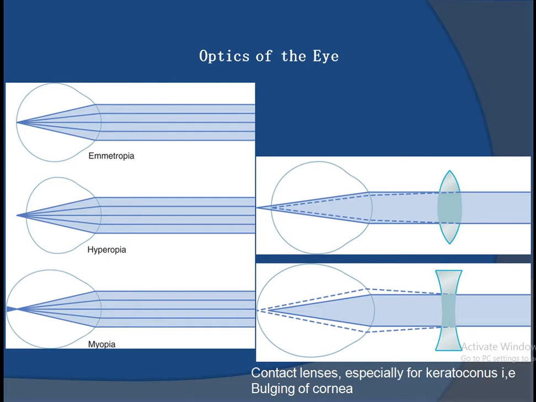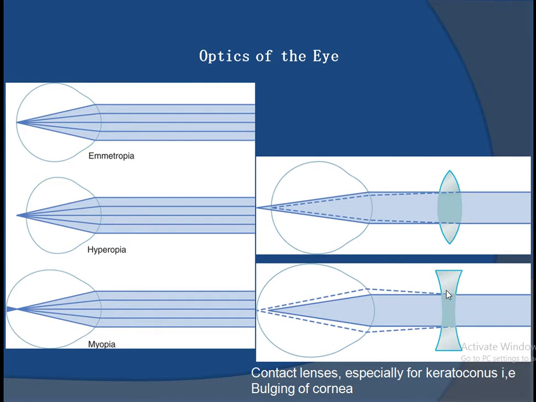In myopia, you are prescribing the concave lens so that the image is formed on the retina instead of in front of the retina. So in this case, we are prescribing an extra lens which is placed in front of the eye.